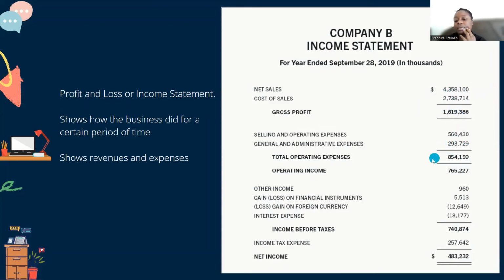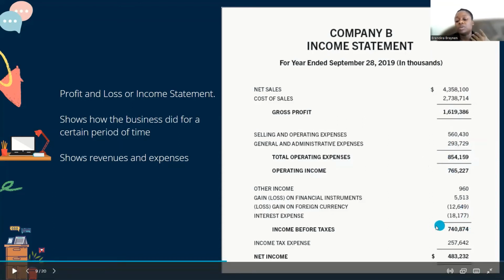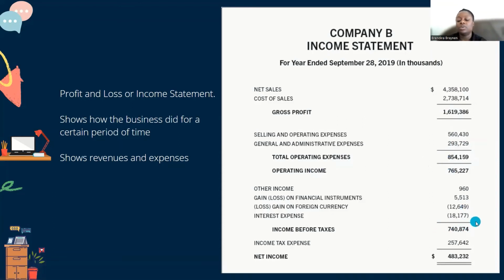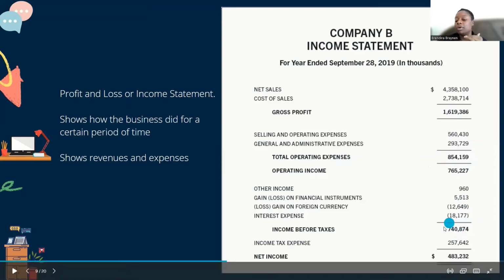This line here is telling me that, hey, these two are added together to get this $854,000. Operating income came as a result of gross profit minus operating expenses to get that, and so on and so forth. So whenever you see those lines, that means that something above is being used to calculate the number right below the line, okay?